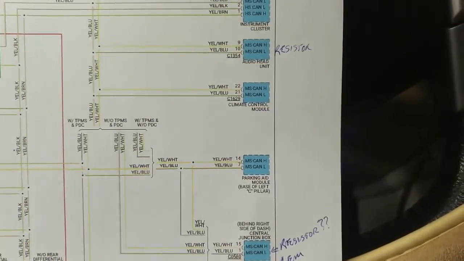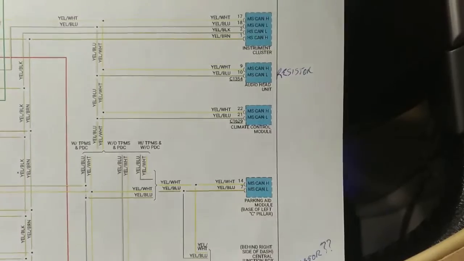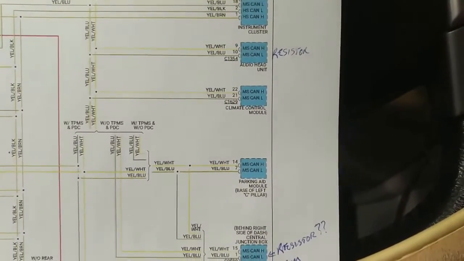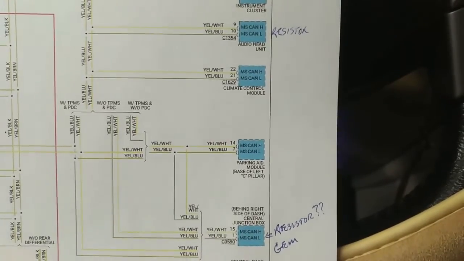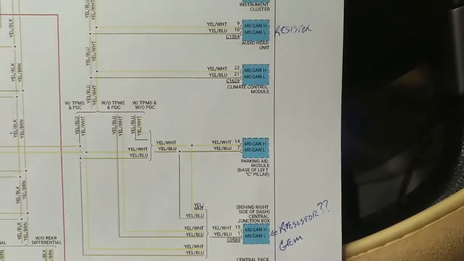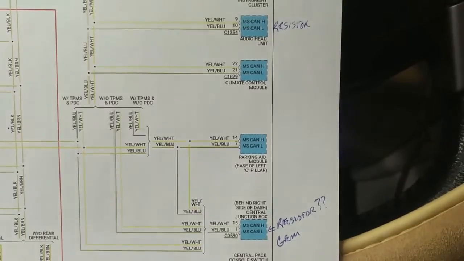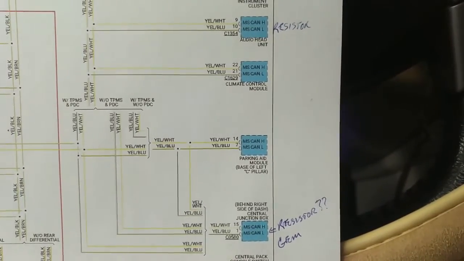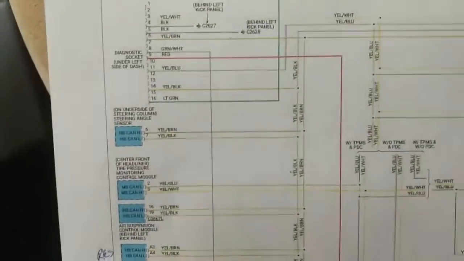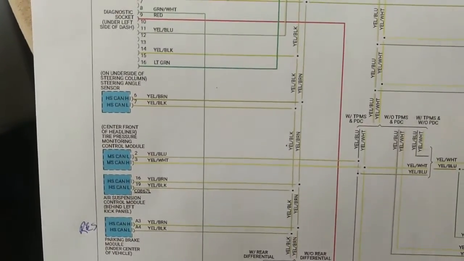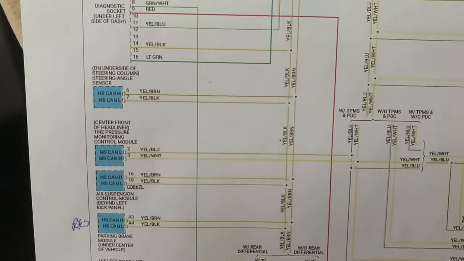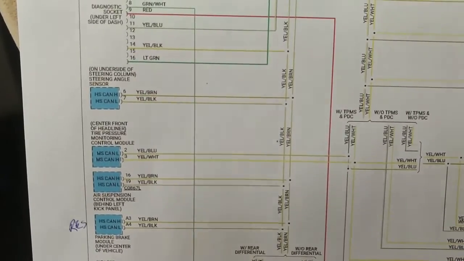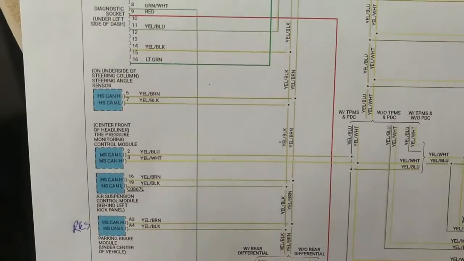Now looking at this thing, let's see, instrument cluster. So the parking aid module is on the medium speed CAN bus, and it's apparently beside the base of the left C pillar, and the tire pressure monitor is over here, center front of headliner.